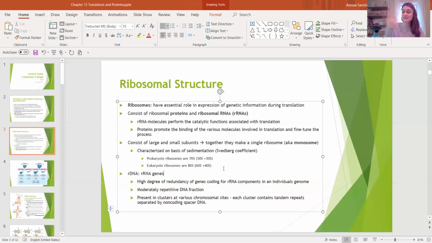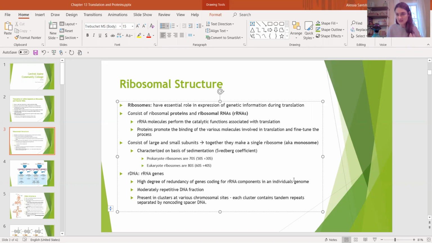If you centrifuge these ribosomal subunits, each of them, depending on their mass, their volume, and their shape, has a specific Svedberg coefficient. This doesn't necessarily have to apply to just ribosomes.